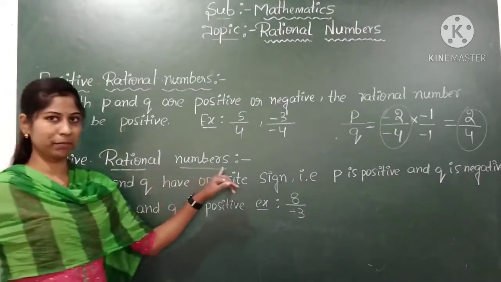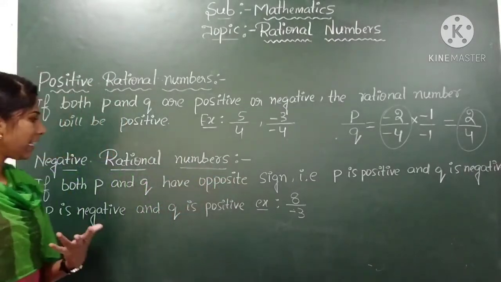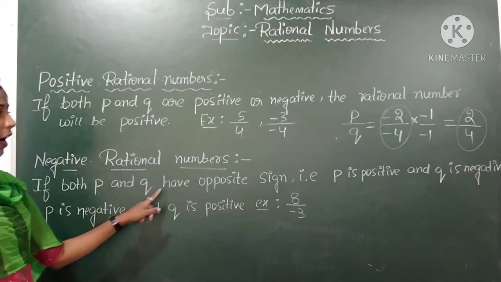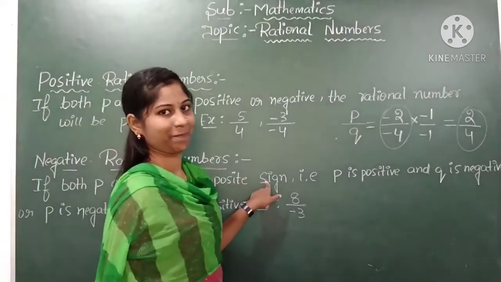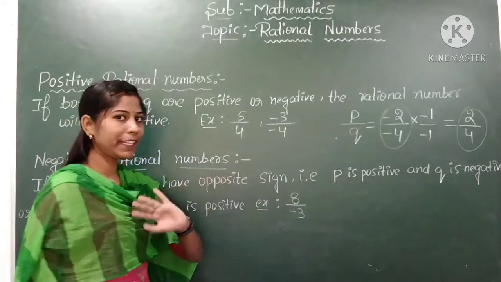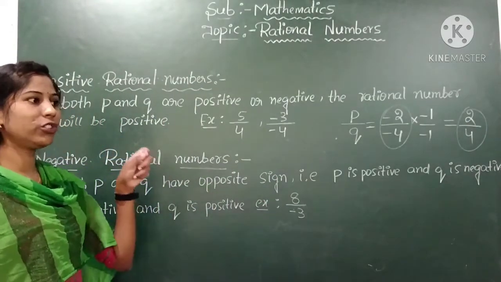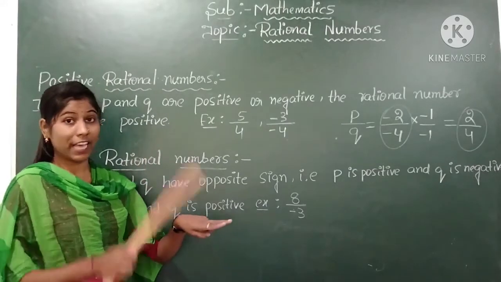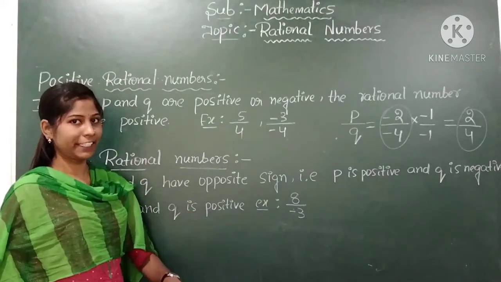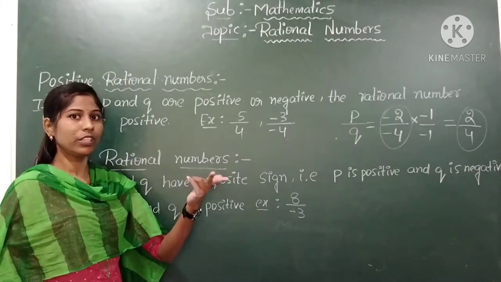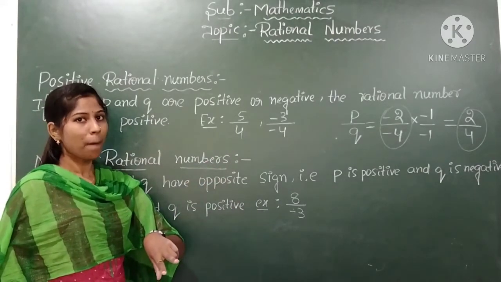Now, negative rational numbers. How can you consider them? Yes, exactly. If p and q have opposite signs. Yes, not equal, opposite sign. It means that if the numerator is positive, then the denominator should be negative. If the numerator is negative, then the denominator should be positive.